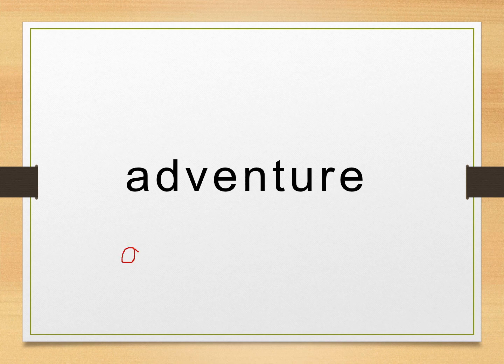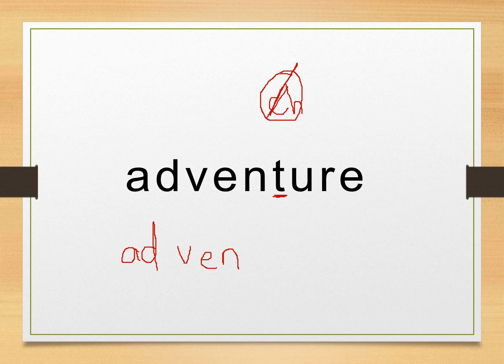First of all, the ad, A-D, that's pretty simple so far. Then V-E-N, adven, so far no surprises. This T is one of those T's that sounds like it might be a CH, but it is not. That's another one of those rules that I'm not ready to teach today, but there's a lot of times where we think we're hearing a CH and it's really just some T doing a weird T thing.